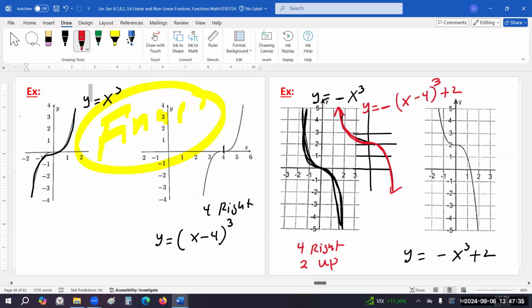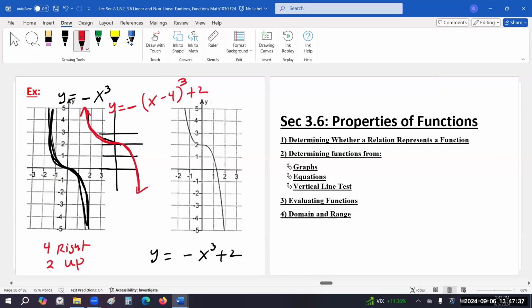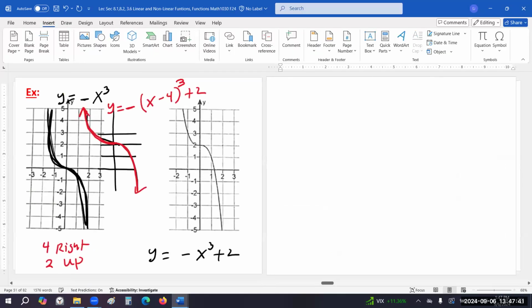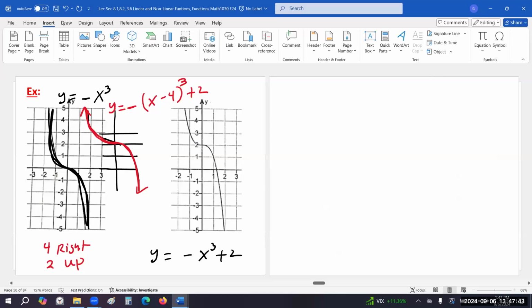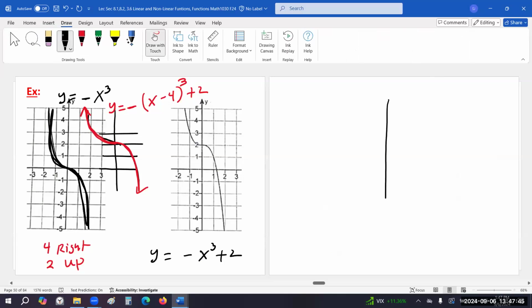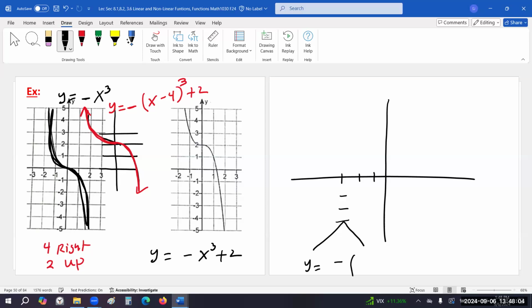Let's do one more transformation because it's fun. One, two, three, four, five, six. What is the equation for this?